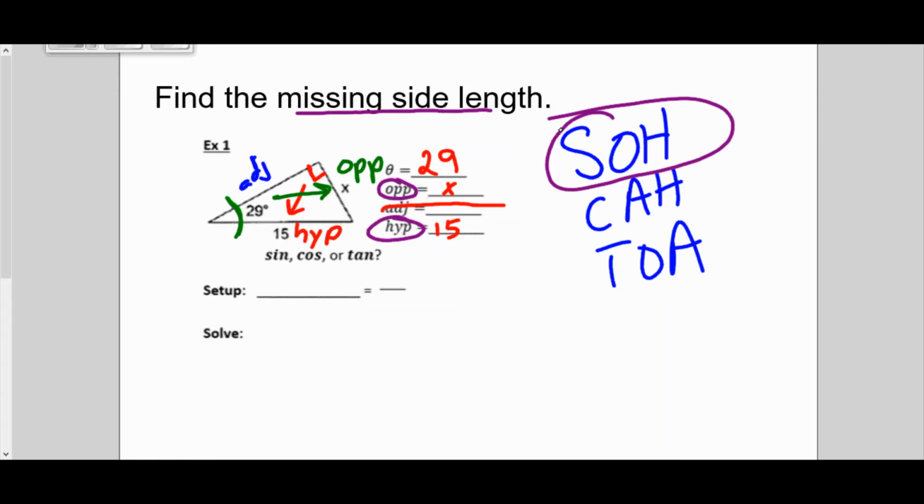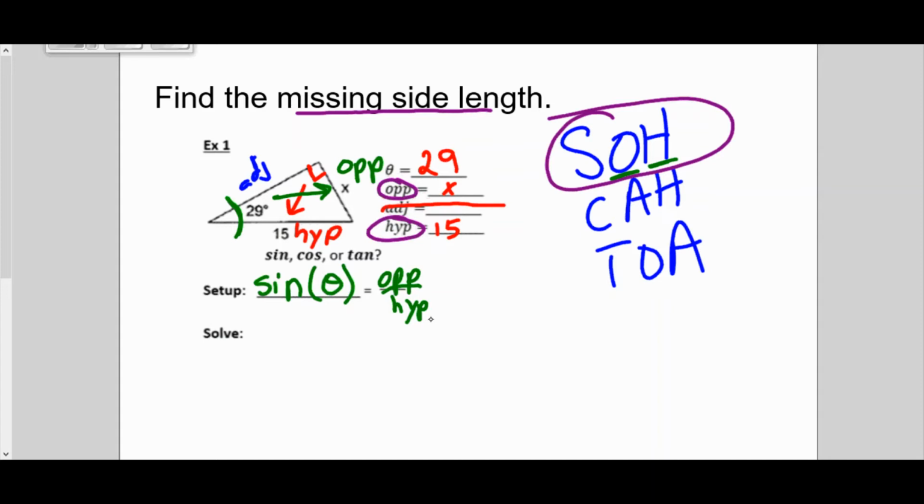For my setup, I'm going to use the sine function. So I would say sine of theta. And what is the sine of theta? Sine of theta is opposite over hypotenuse. Now let's go ahead and plug in.